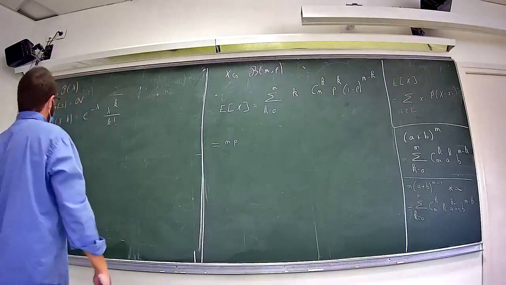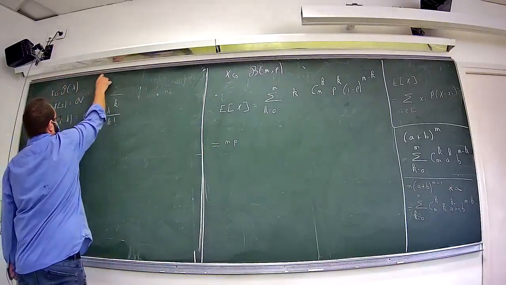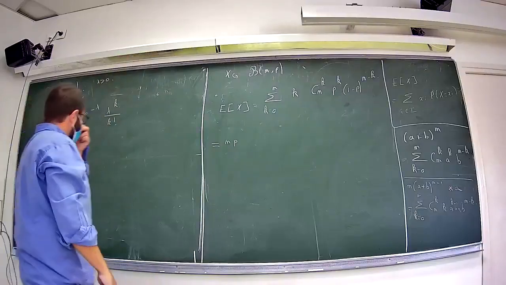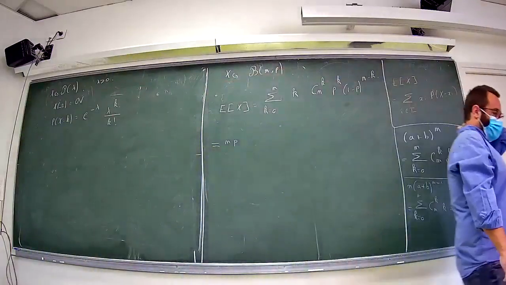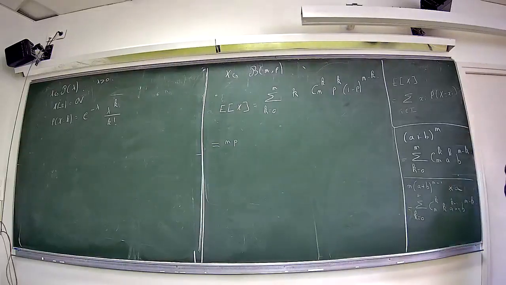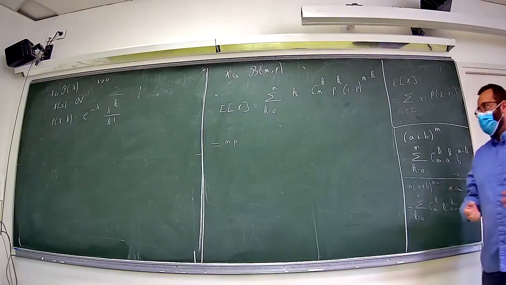Now I have to be a little bit careful because I have an infinite sum here, and that is not convergent a priori. So I have to check what happens.